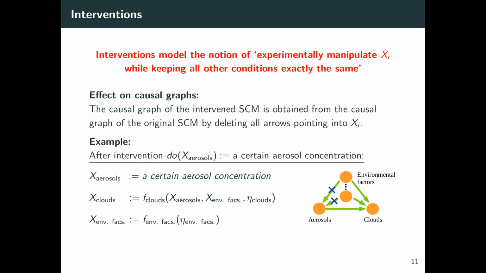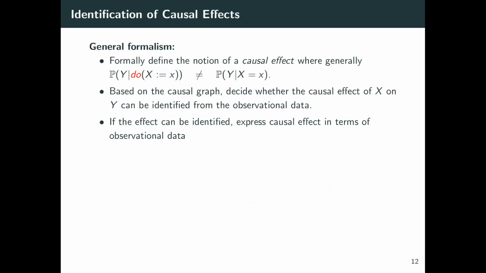And in the graph, if you delete the equation, if you knock it out, this would imply that you also knock out how environmental factors cause aerosols. So the general formalism is now to define notions of causal effect, namely when this distribution of y, how y changes under the intervention on x, can be estimated from the observational distribution.